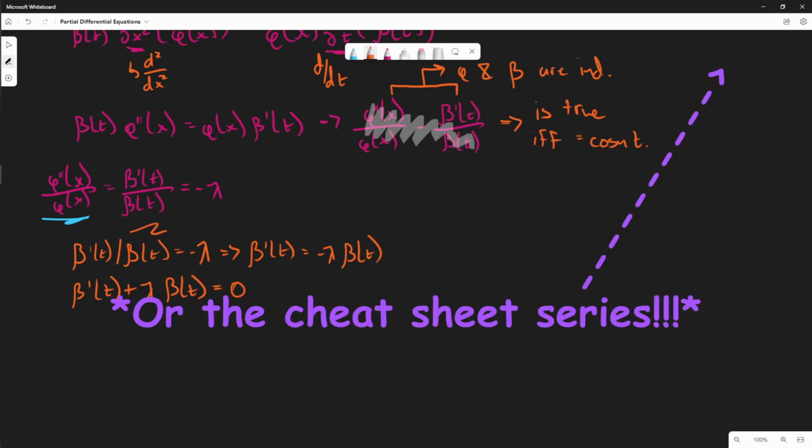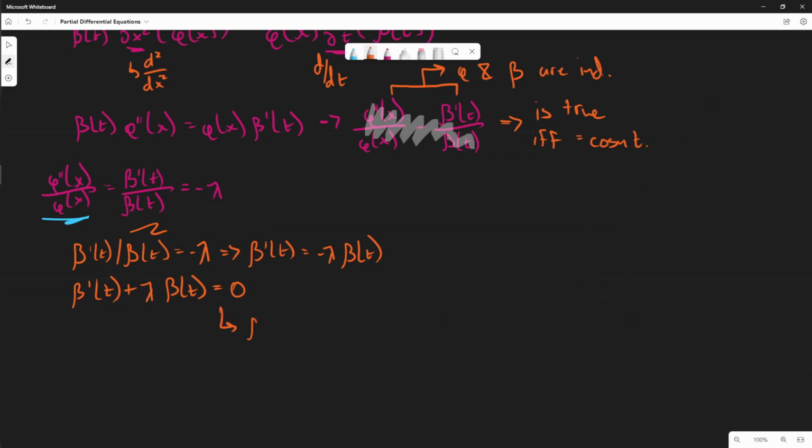But when you solve this ODE, the solution that you get is beta of t equals some constant, we're just going to call it b, times e raised to the negative lambda t. And that's pretty much it.